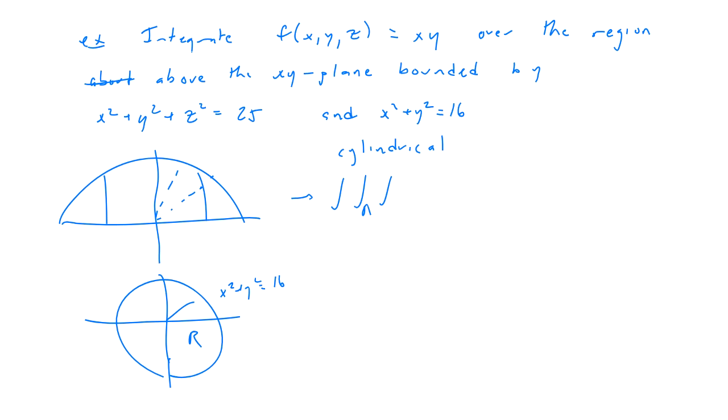So the first one, we need the lower limit, which is the xy plane. So that is 0. This is where the cylindrical isn't going to be real nice, z will be equal to... solve for z.